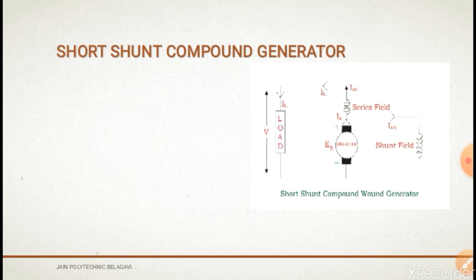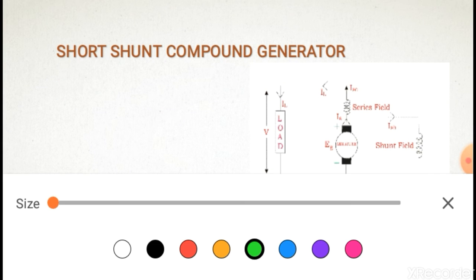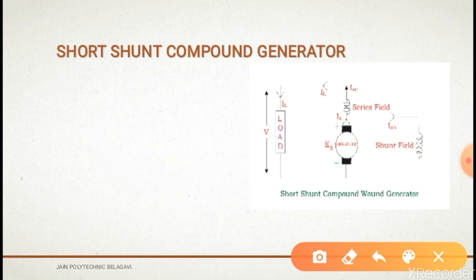In case of short shunt DC compound generator, the armature winding is connected in series with the series field winding, and this armature is connected in parallel with the shunt field. So it is given as short shunt compound generator.